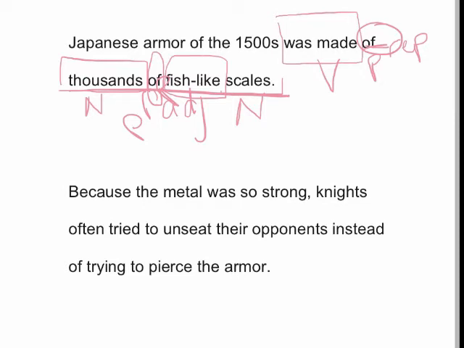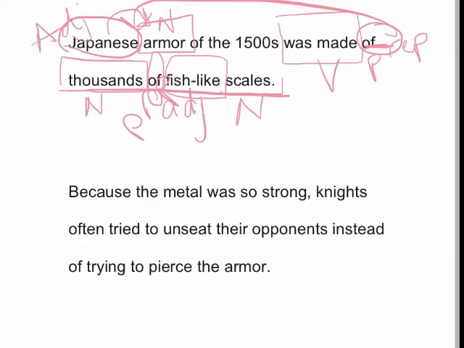Okay, and that's actually acting as an adjective because it's describing Japanese armor. So armor is your noun, and Japanese describes the kind of armor you're talking about. Words that describe nouns are called adjectives.